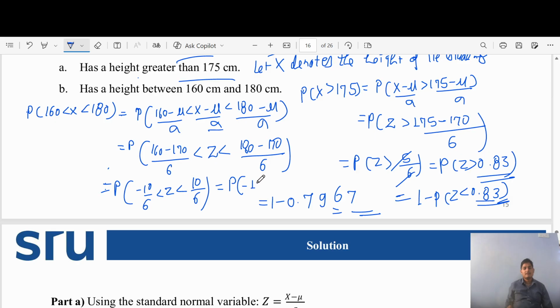So this becomes P of minus 1.67 less than Z less than 1.67. How do we evaluate this? You just draw the normal distribution curve.